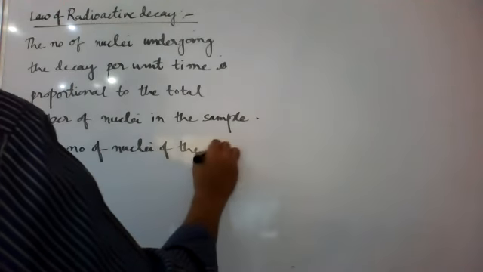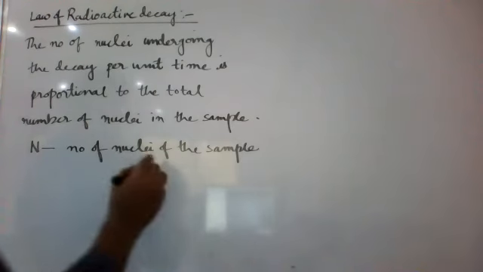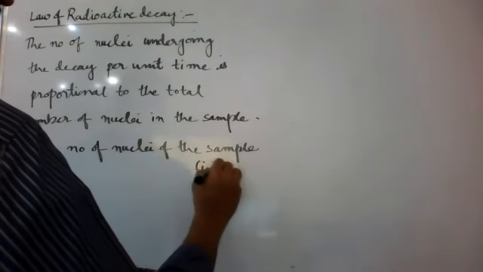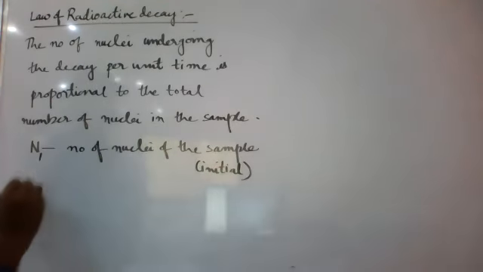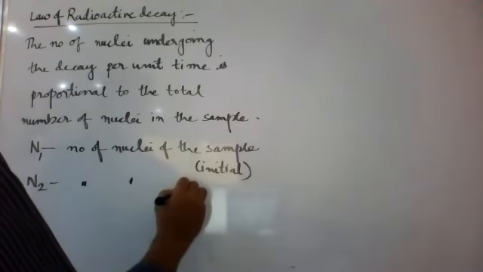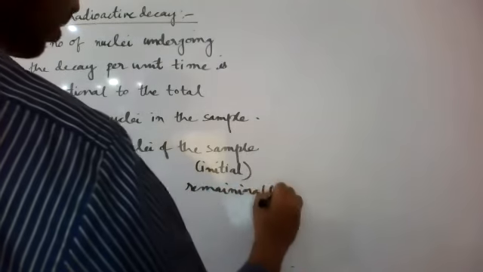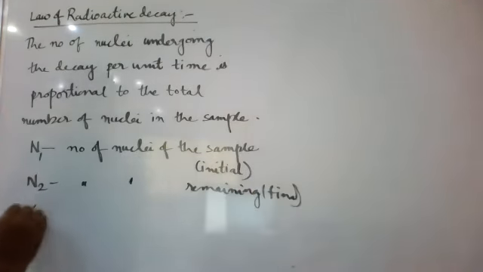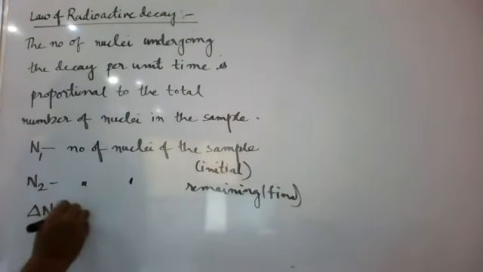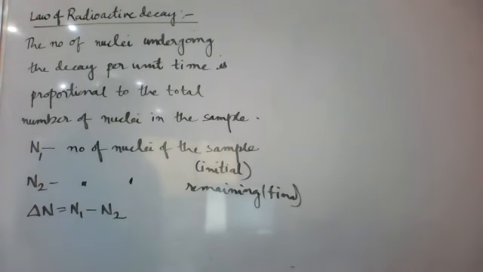This is the initial number of nuclei, N1, and this is the final number of nuclei remaining, N2. So delta N is N1 minus N2, we just take the difference.